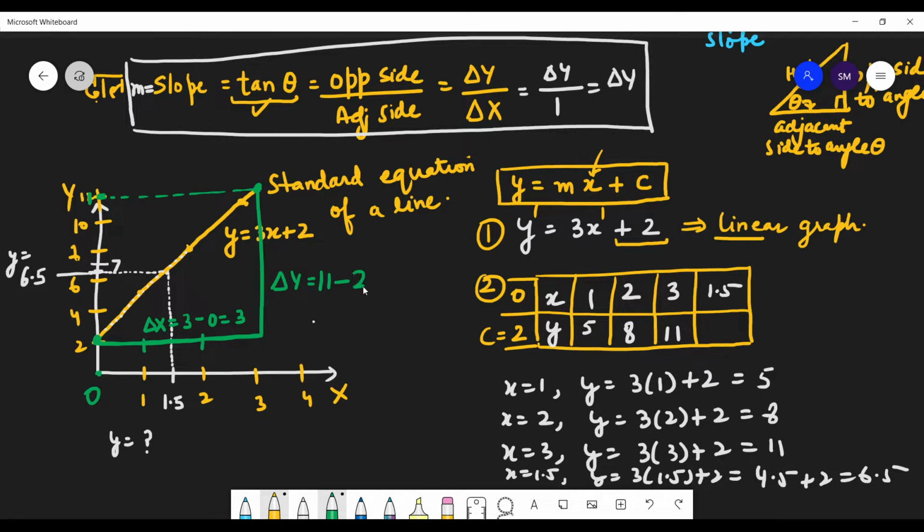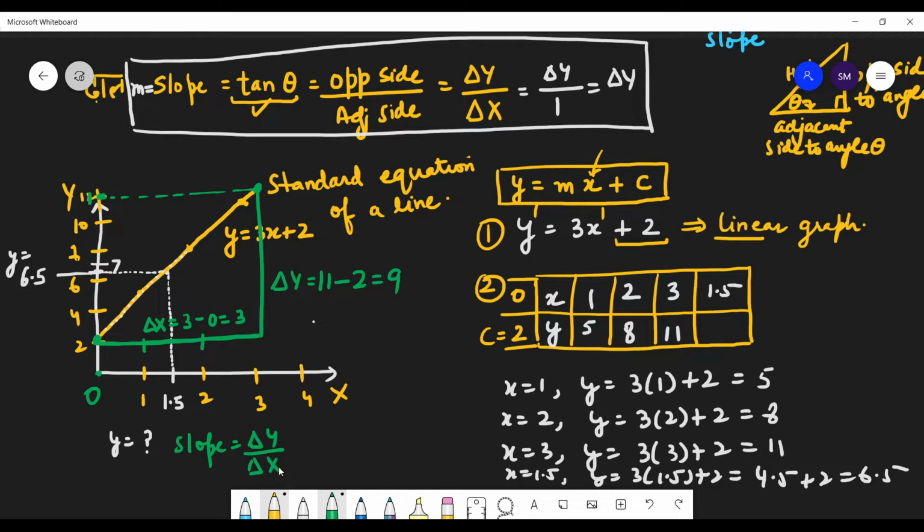So what is delta y? x changes by 3 steps, and y changes from 2 to 11. y changes by how many steps? 9.